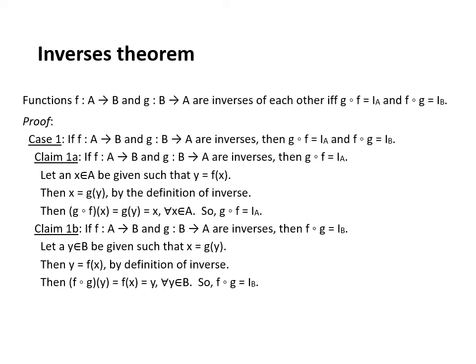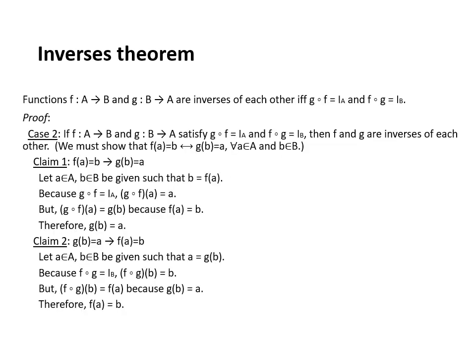I'm not going to walk through all the steps now. But it's a pretty easy proof. It just has a lot of cases. And here is the continuation of the proof for case 2, which is the other direction. And so this theorem is called the inverses theorem.